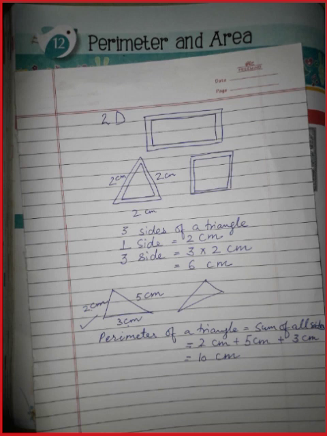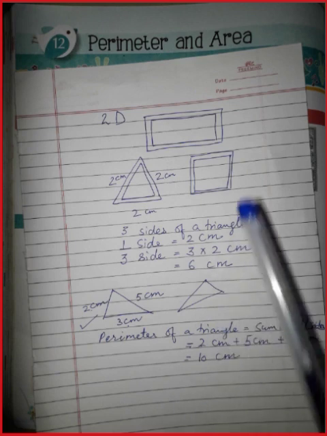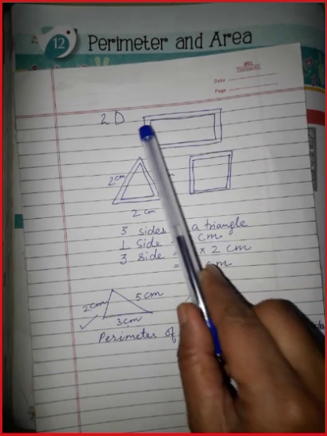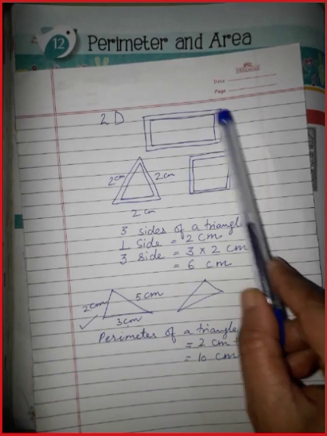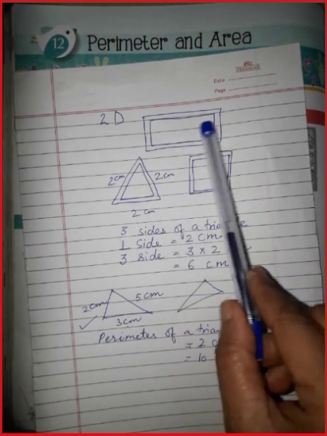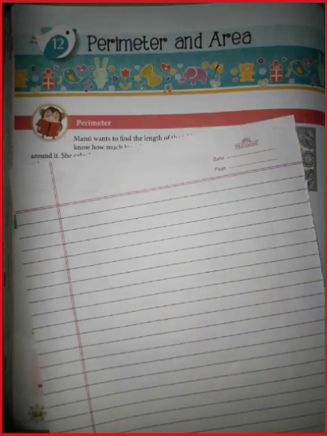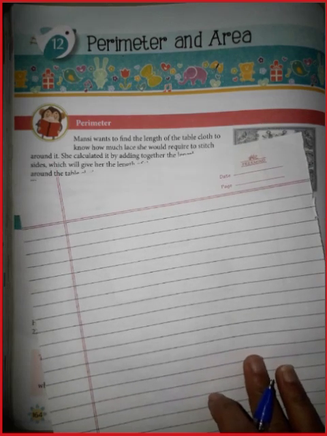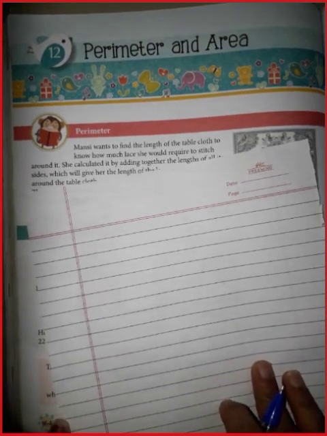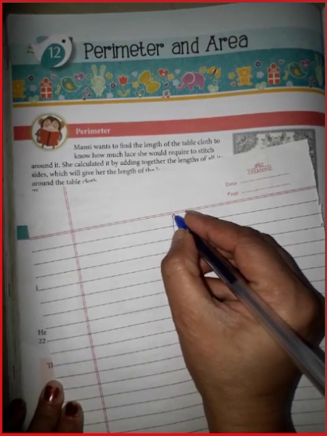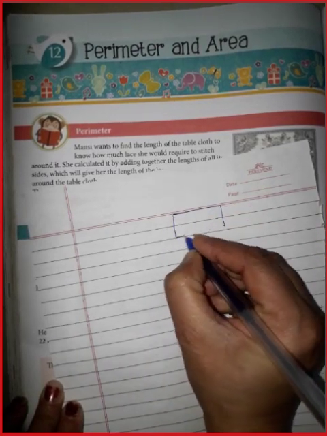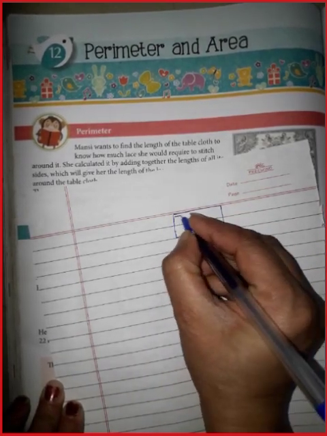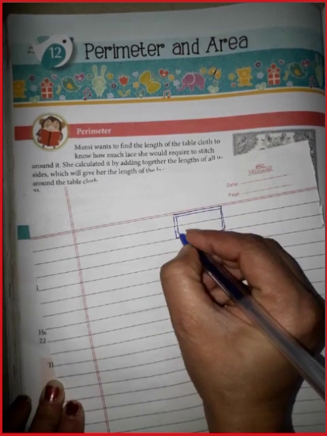Now here we go with perimeter of a rectangle. Rectangle means to say opposite sides are equal. Two opposite sides are equal. Fine. So to find perimeter of a rectangle, what we shall do? It is very clear that perimeter means this boundary line. Okay.